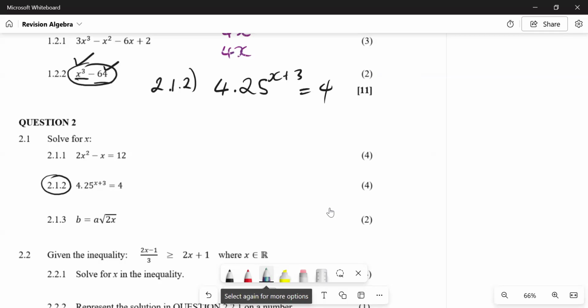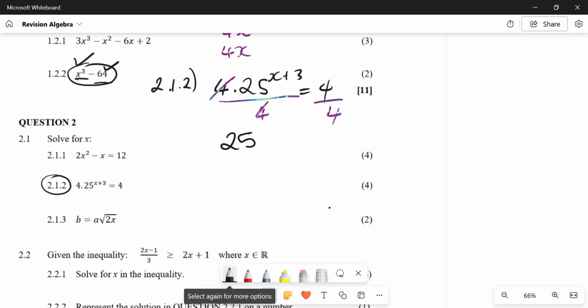You have to get your bases to be the same and then you drop down the exponents. How can we do that for this problem? You can just divide both sides by 4 so that we can isolate base 25. So you'll be left with base 25 and then exponent x plus 3, which equals 4 divided by 4, that's 1, right?